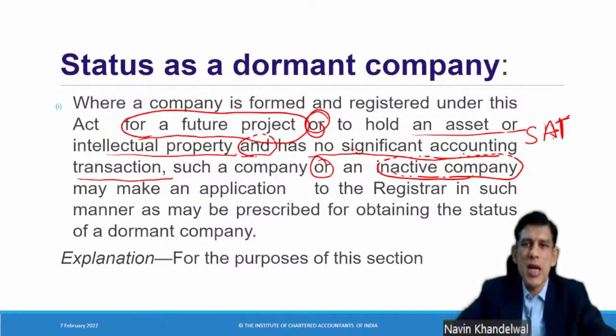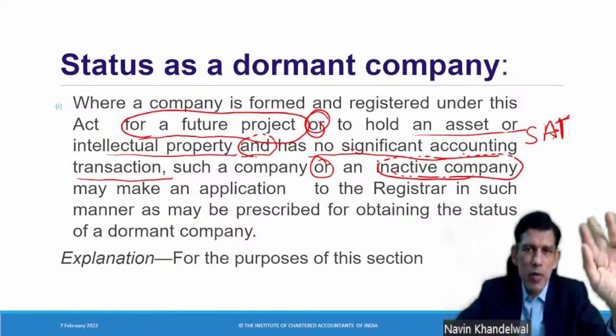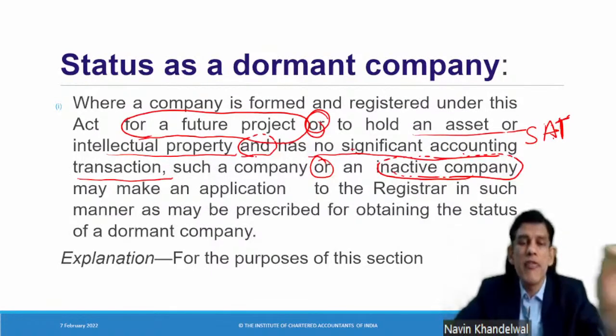First, it should have been formed as a company for any future project or just to hold an asset as an intellectual property. This could be either one of the objectives of the company. And along with that objective, the company should not have any significant accounting transaction, which has been defined.